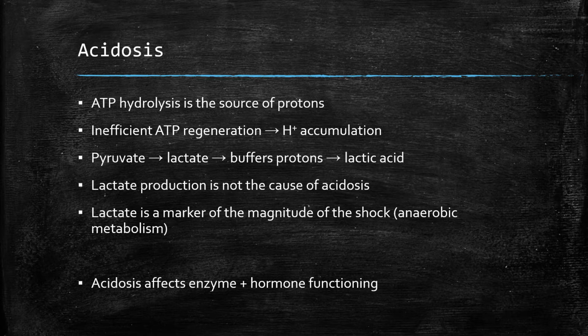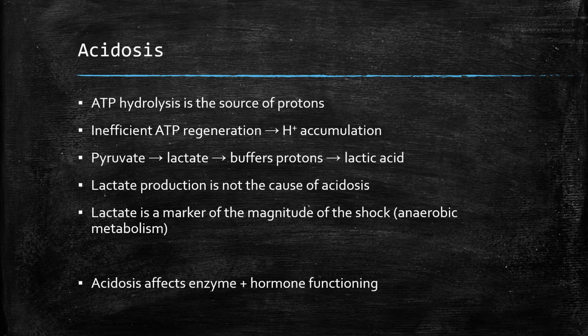Lactate's able to buffer protons, in turn becoming lactic acid. We're able to measure lactate production, and we use it as a marker of the degree of shock that's present. In effect, it's a marker of anaerobic metabolism.